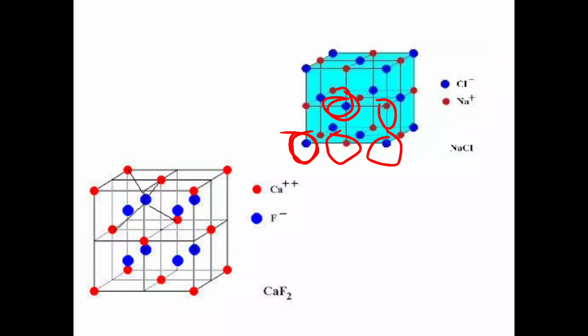Now you see the figure continues down, so somewhere here you will see another chloride. That is, each sodium is surrounded by four chloride ions. Similarly, if I consider one chloride, it will be surrounded by four sodium ions. That means the coordination number of sodium is 4 and chloride is also 4.